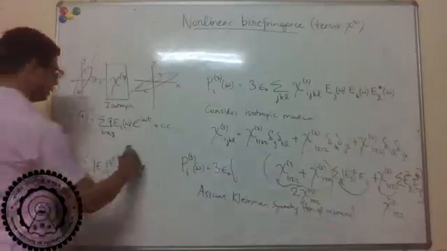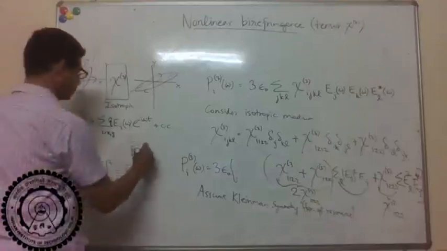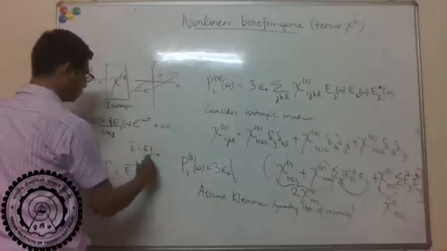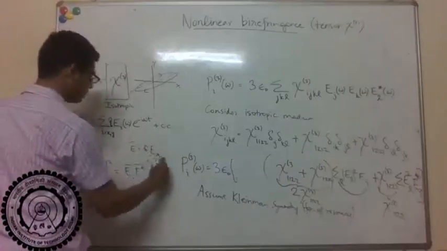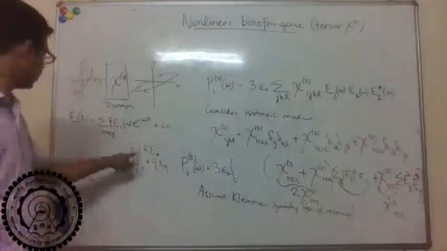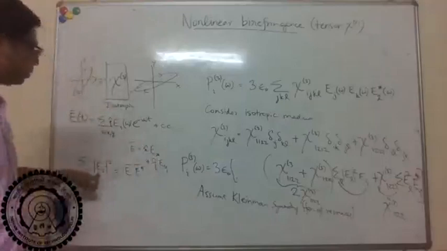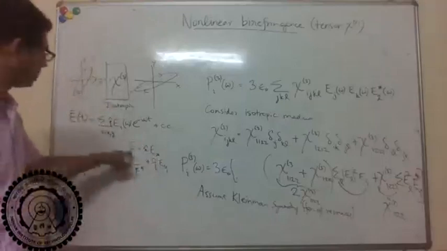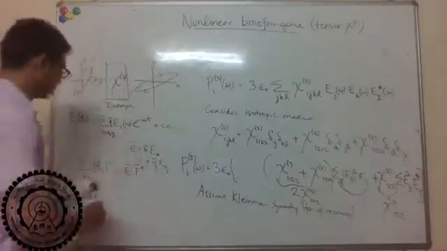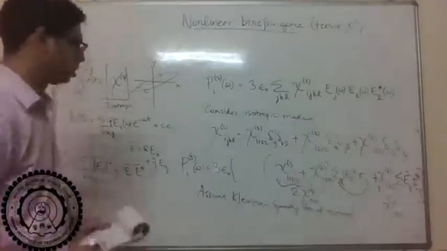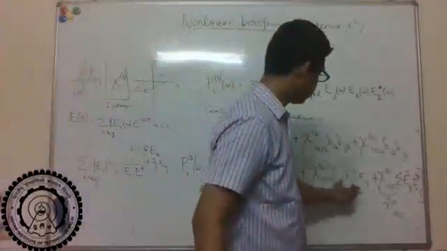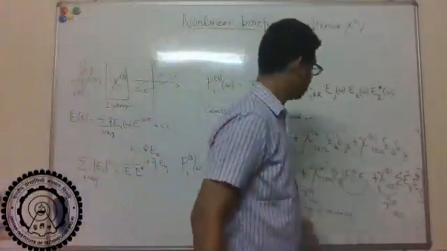Right, so if I write E as some x direction times Ex plus y direction times Ey, where Ex and Ey are complex numbers, then this quantity is just mod Ex square plus mod Ey square, which is just E dot E star. So this quantity, summation over the index L of mod E square, is E dot E star.